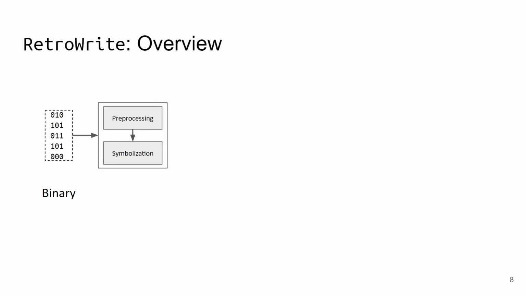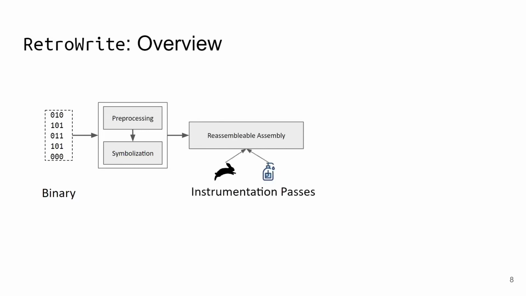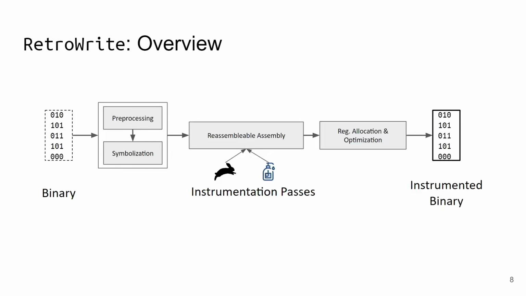The output from this stage is reassembleable assembly that resembles compiler-generated assembly files and may be freely modified by any of the instrumentation passes or other off-the-shelf tools. RetroWrite also provides an API that allows instrumentation passes to be implemented, and the generated assembly may be instrumented directly within the framework. Lastly, the instrumentation is passed through a register allocation and optimization phase, after which a new binary may be generated using any off-the-shelf assembler.